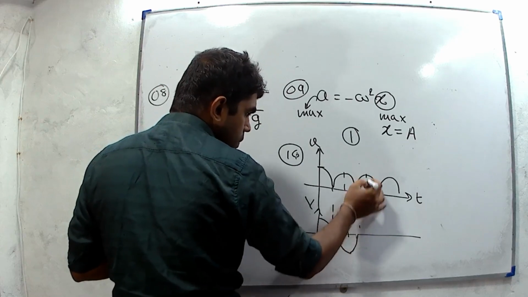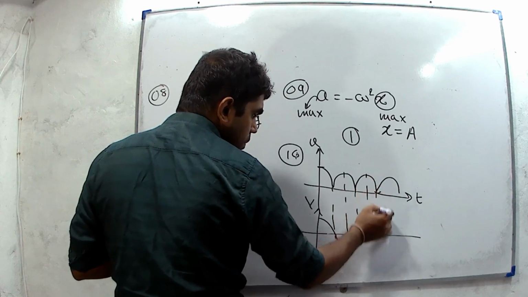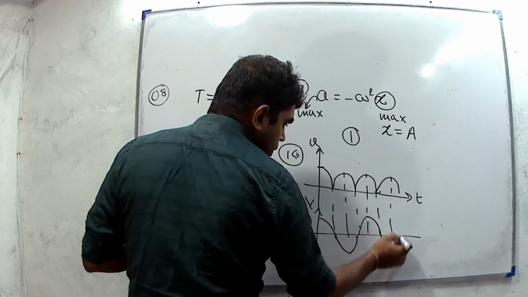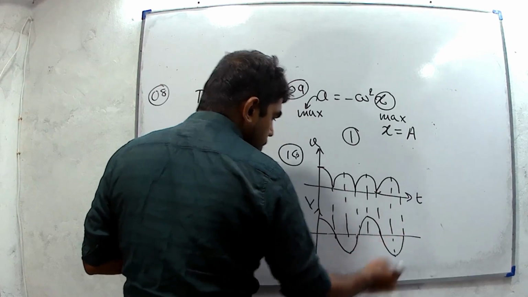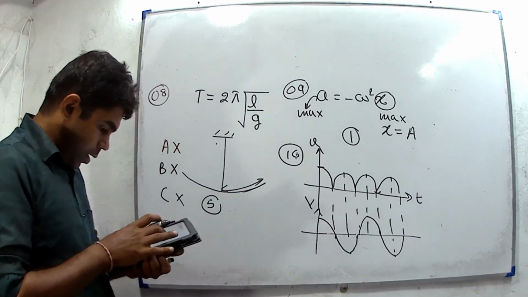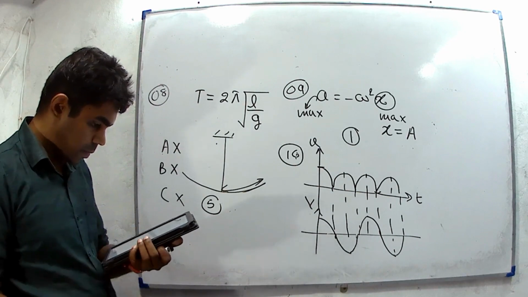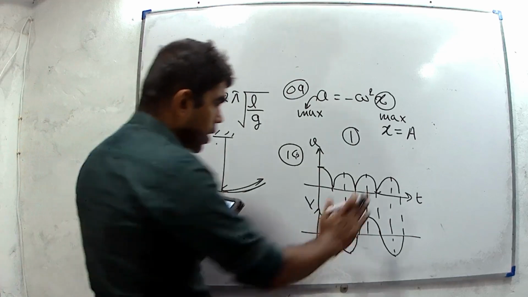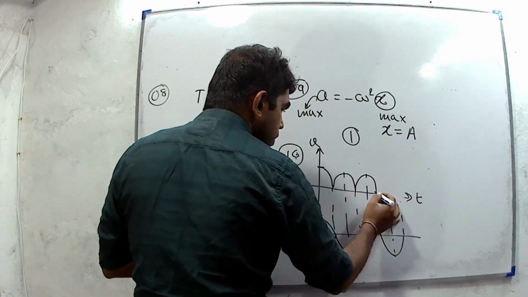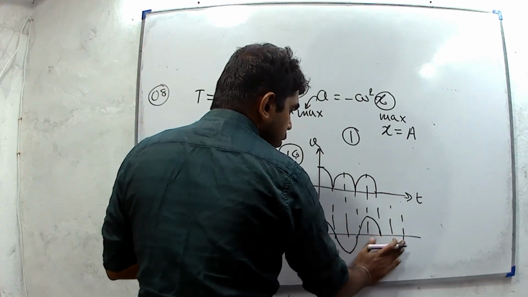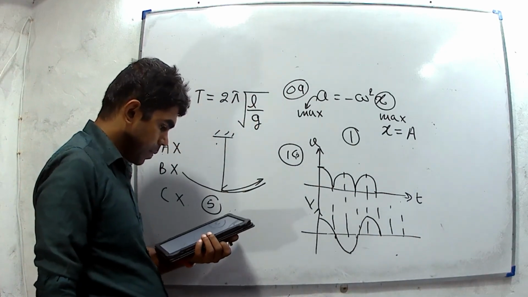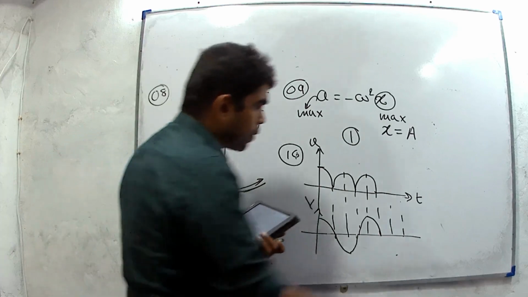Again 0, plus maximum, 0, minus maximum, again 0. They have given only this part. Then we have to stop the graph at this part. Then the answer is 1 for question number 10.